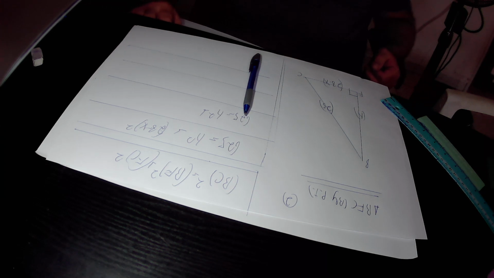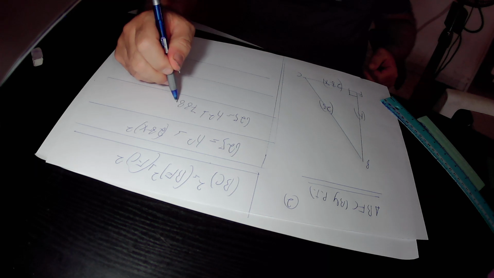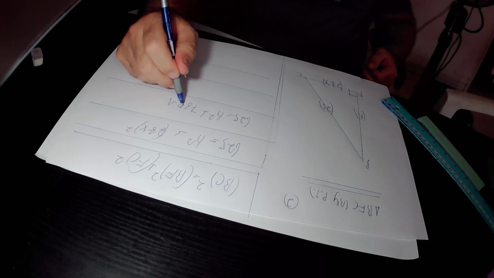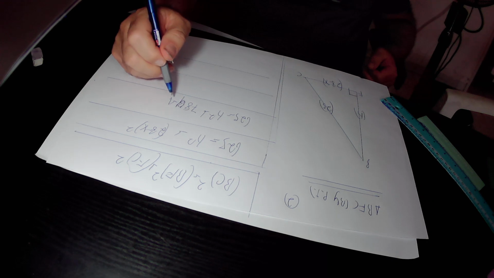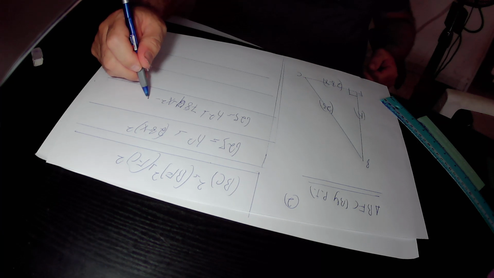that is actually 784 plus x squared minus 2 times 28 times x, which is minus 56x.